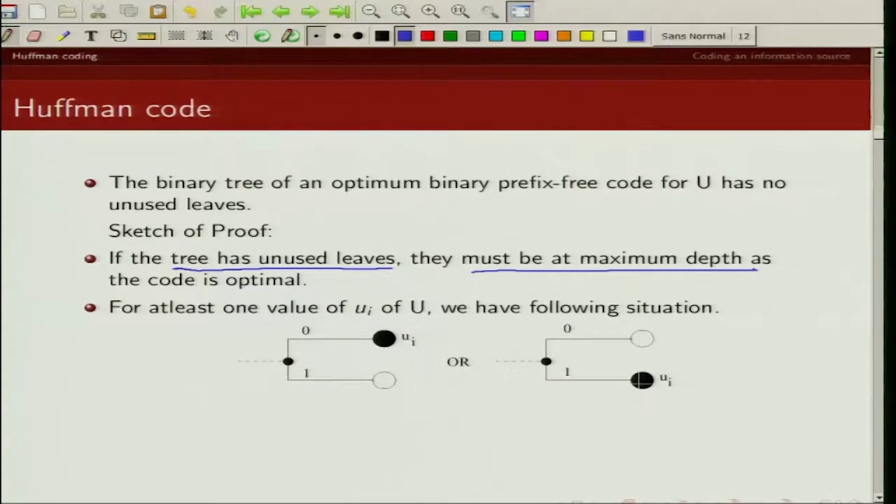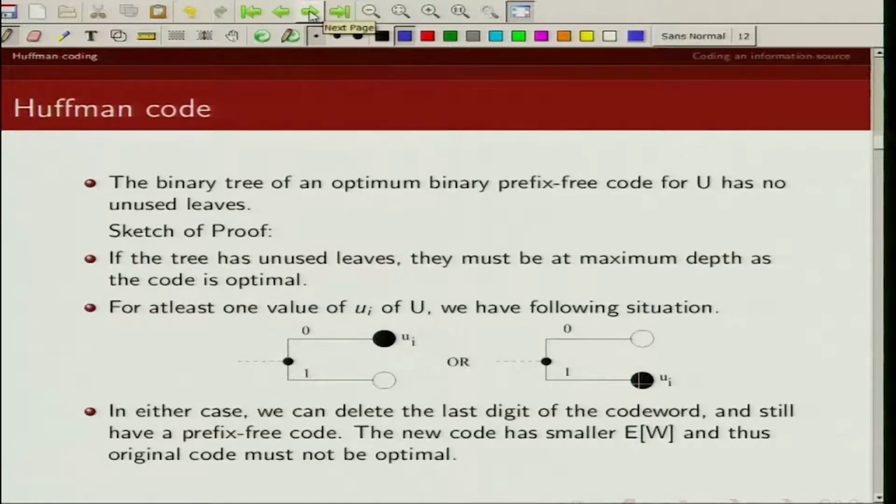Now if they are at the maximum depth, then one of these two things can happen. Since it's a binary tree, there are two leaves. So either one of these is assigned a code word and the other one is just an unused leaf, or we could have this as unused leaf and a code word assigned to this. In either case I can move this code word here, and in the process I am decreasing the expected code word length by 1.